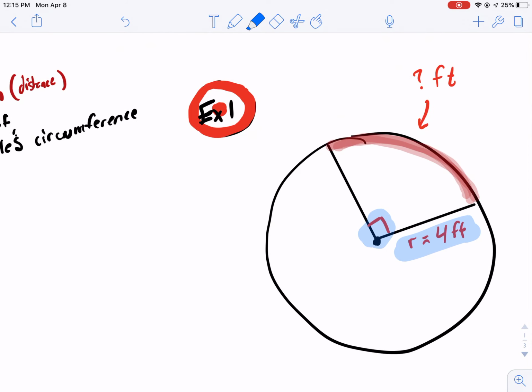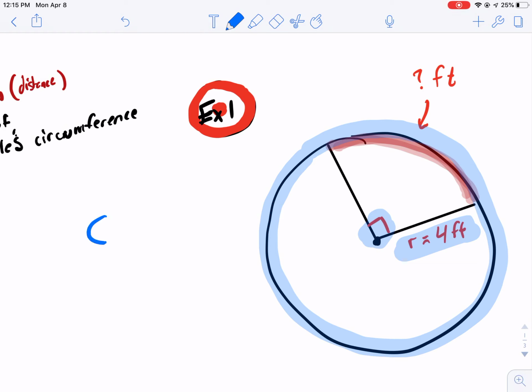So we have 90 degrees, 4 feet. What do we do? Well, if we're looking for the portion of the whole circumference to find our arc length, then we probably should find the whole circumference. To do that, we're going to say circumference equals 2 times pi times the radius. For this lesson, I'm going to leave everything in terms of pi, which is okay. At times, I may convert it over into decimal form so you can see what the answer would look like without pi.